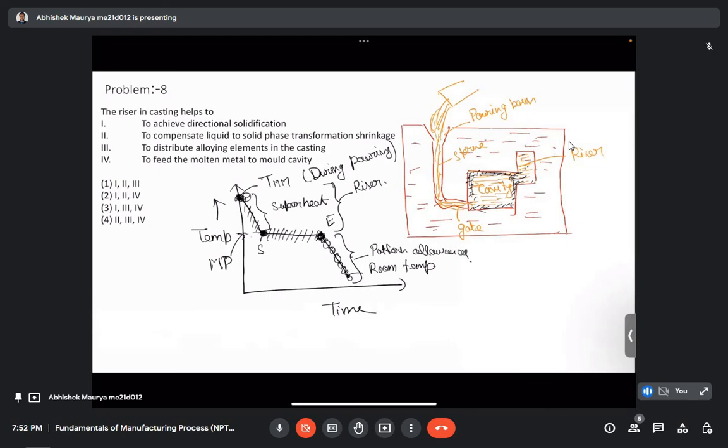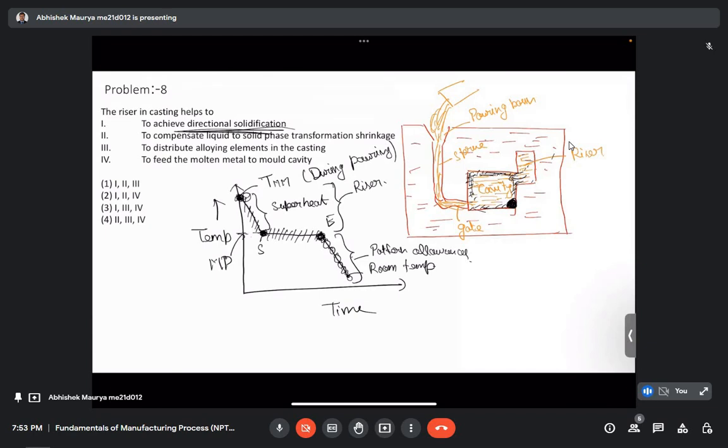So let's start looking at the options which we have to achieve directional solidification. Yes, there is a term called directional solidification. In any casting, our aim is to fill the whole cavity with the molten metal, and for that we want the molten metal to reach the remotest place first. In the whole cavity region, we can see this is the remotest place.